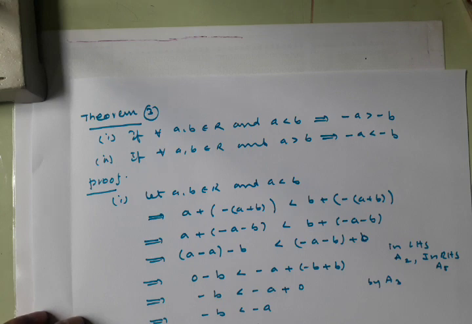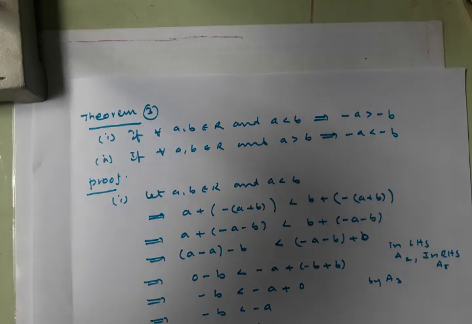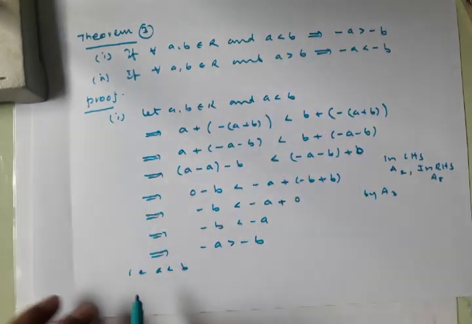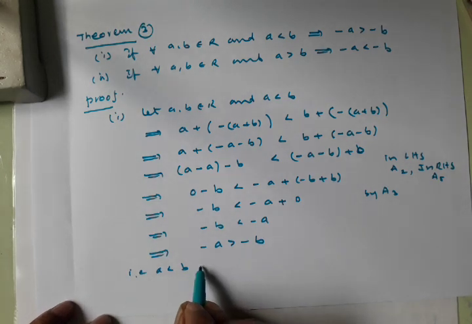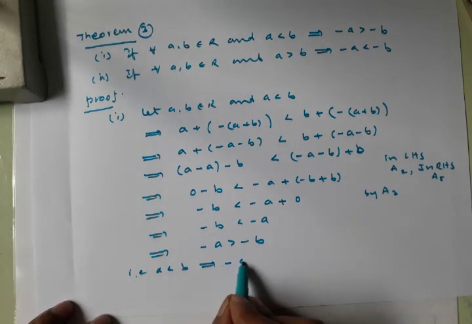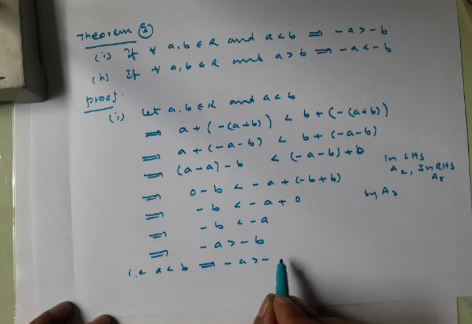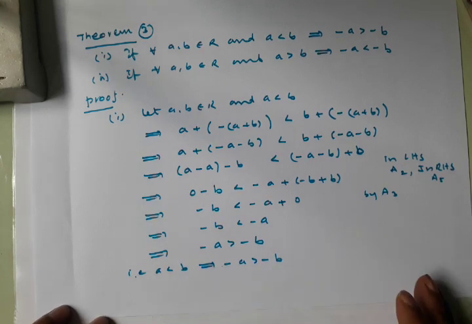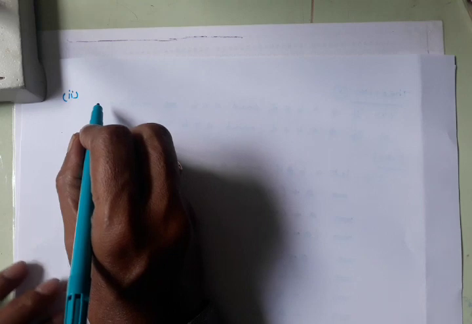See that now, as a less than b, that is a less than b implies minus a is greater than minus b. So similarly the second result in theorem 3.